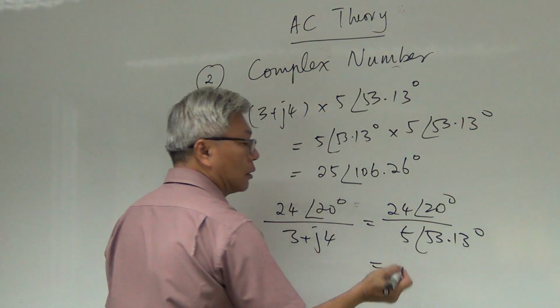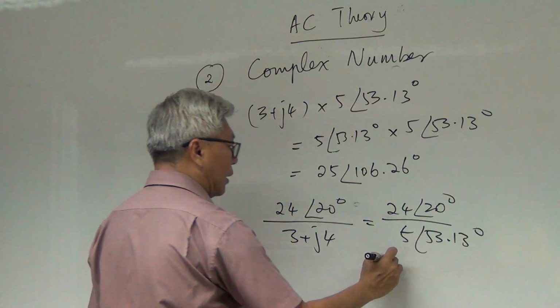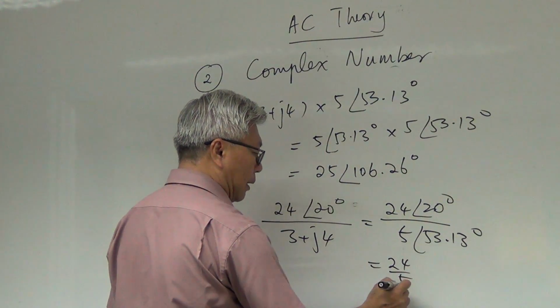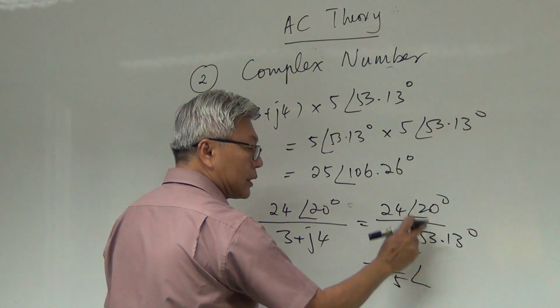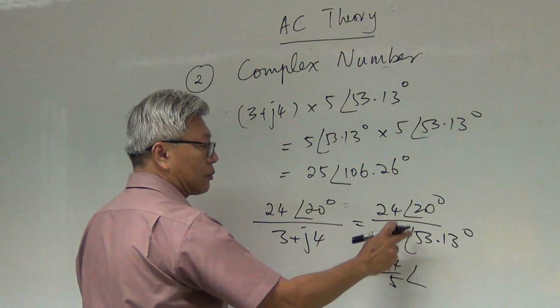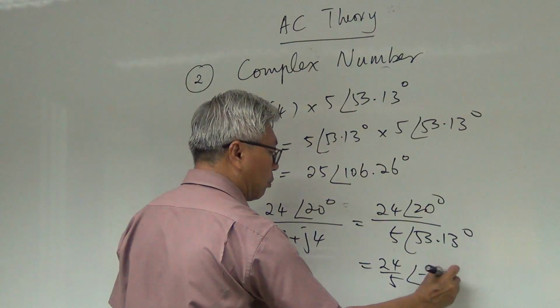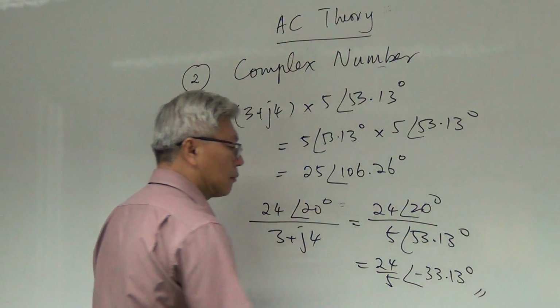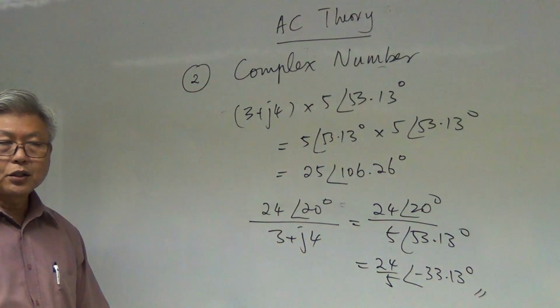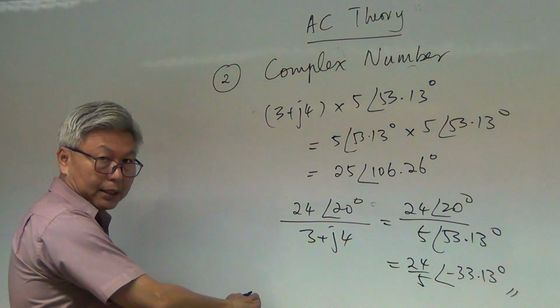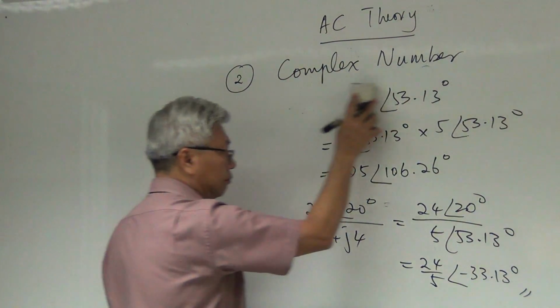Okay? So 24 divided by 5, that's the number. When angle is concerned, you subtract. Division you subtract. So 20 minus 53.13 is minus 33.13 degrees. Okay? So that is called complex number.